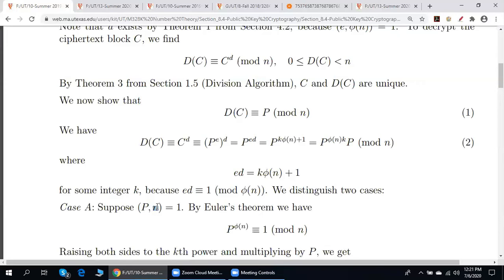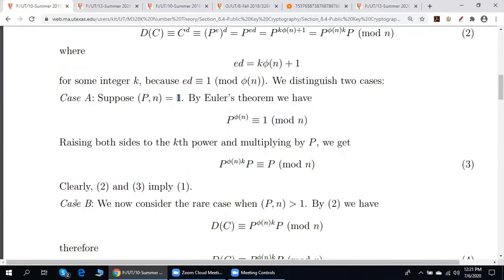However, here, to be absolutely precise, we will consider two cases. In A, the greatest common divisor is 1, and then in B, the greatest common divisor is greater than 1.